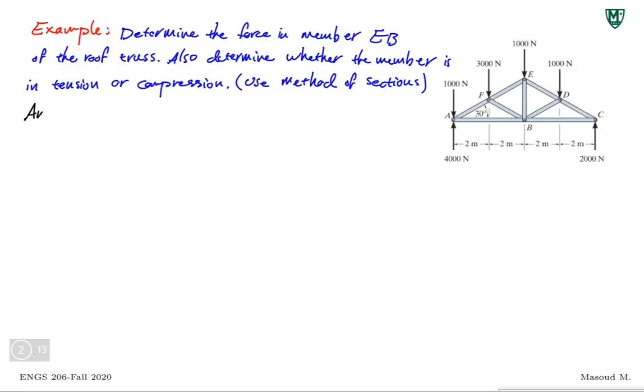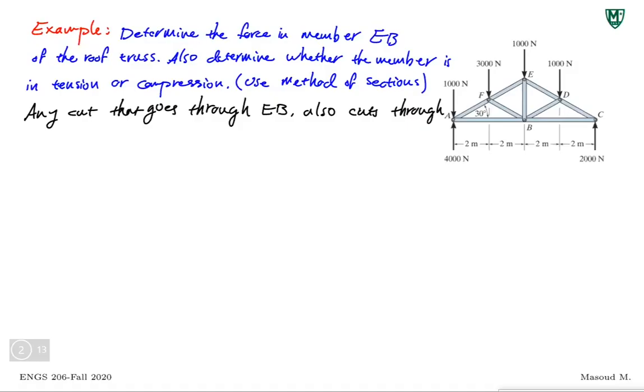Any cut that goes through EB also cuts through 3 other members which have unknown forces.